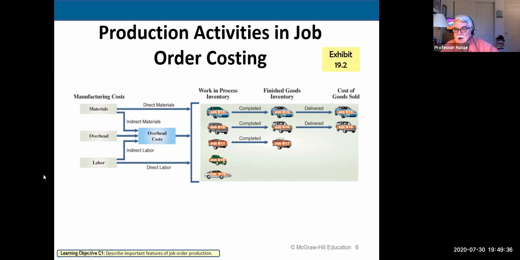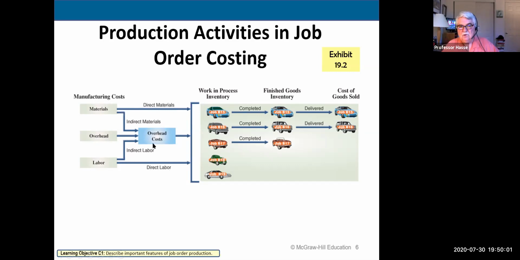Those are the three costs of producing a product. What type of materials does it take to make your product? What are the overhead or the indirect cost of producing, like factory costs, maintenance on your factory, supervisor salaries? Those are overhead costs. And then labor costs, the actual people who are producing the product.